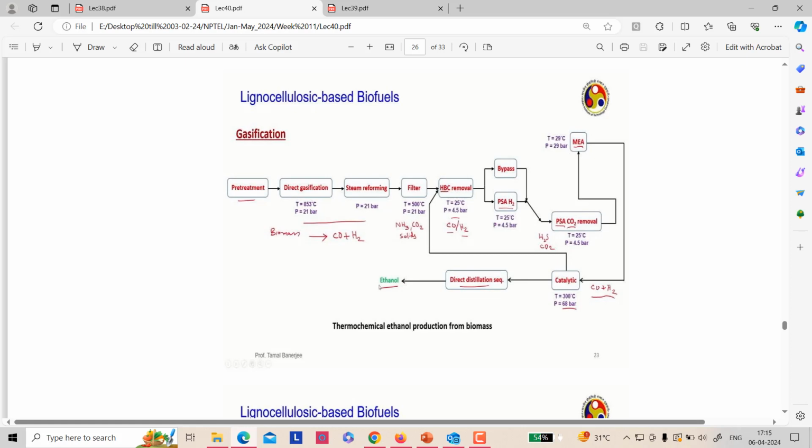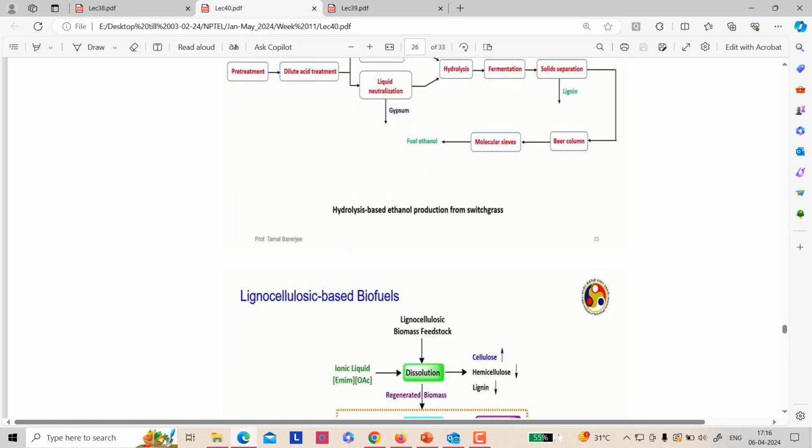From there it will go to the PSA CO2 removal section, then to the MEA section, then to the catalytic section, the syngas at 300 degrees centigrade, and it will go to the direct distillation section, and some of the part will recycle back to the HBC removal. Finally, from the direct distillation section, ethanol is produced. This is the thermochemical ethanol production from biomass.